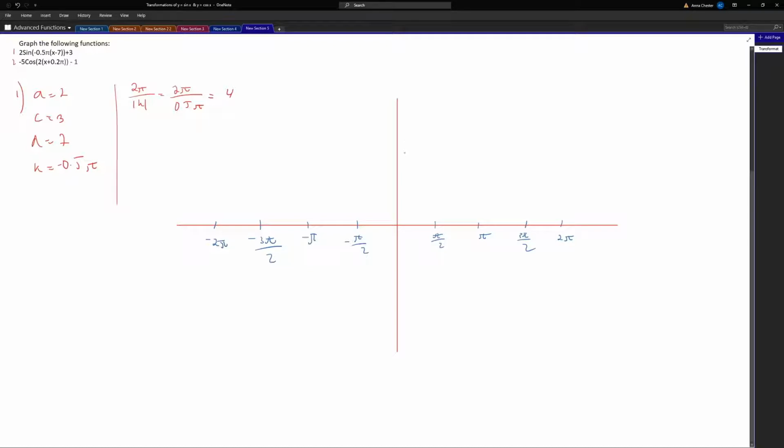Okay, we know that our key points were 1, -1. Sorry, that's a little bit too low. -1. Sine starts over here, then we go up, down, down, up.